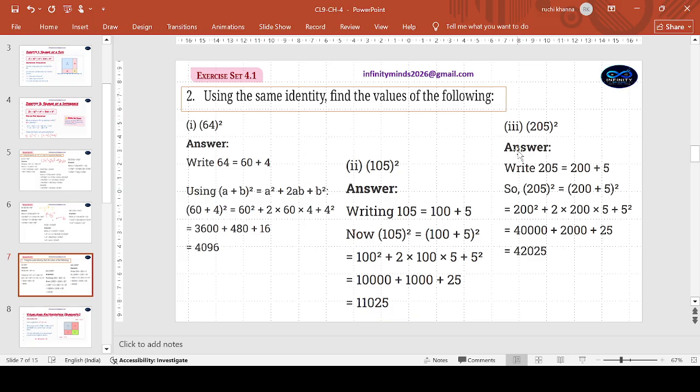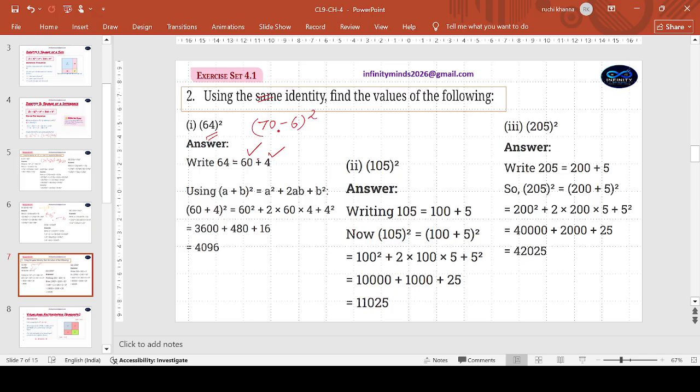Now, identities are applied to numbers also, okay? Select 64. If I am breaking it up as 60 plus 4, then 60 shall play the role of a and 4 can play the role of b. Using the same identity, supposedly it is said use any identity of your choice. Tell me what else could we have used? Just for example, I could have framed it like this also.